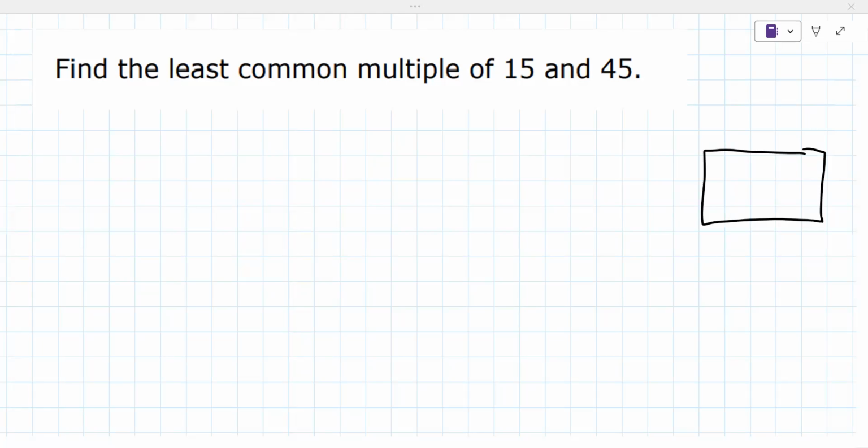I don't know if this is right, but I got 45. It is correct. Okay, we're going to do a couple more here.